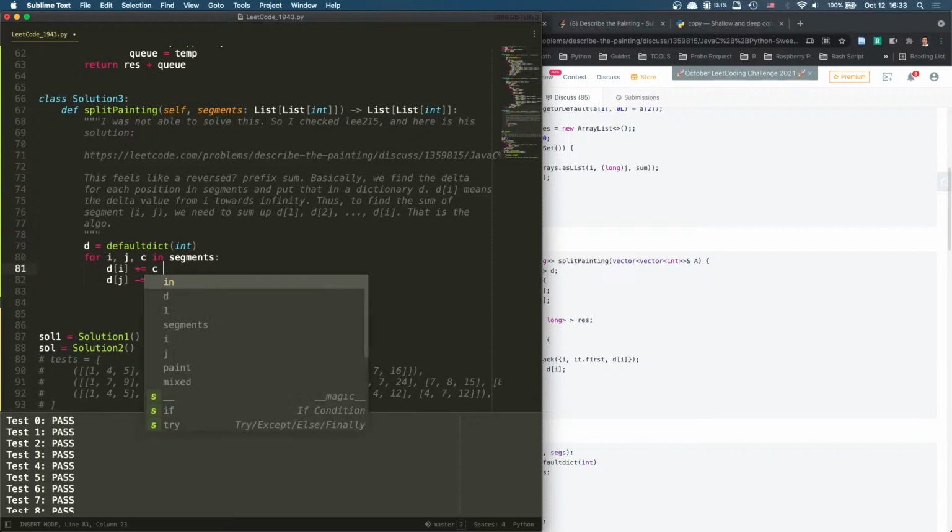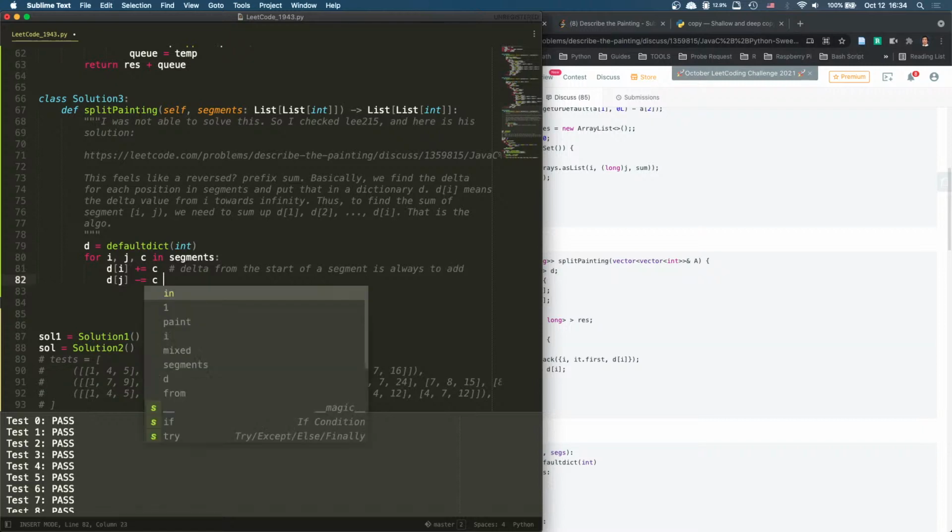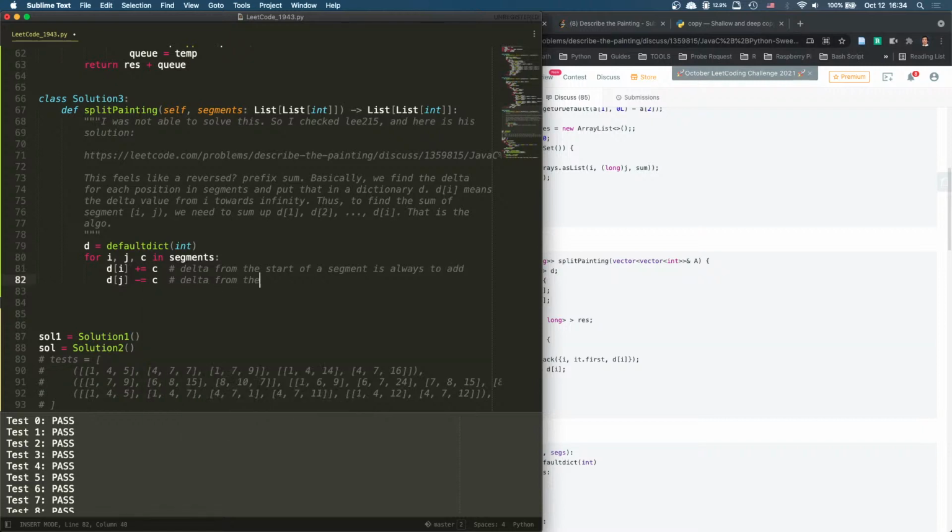So this is the delta from the start of a segment, it is always positive and always to add. This is the delta from the end of a segment, it needs to cancel.